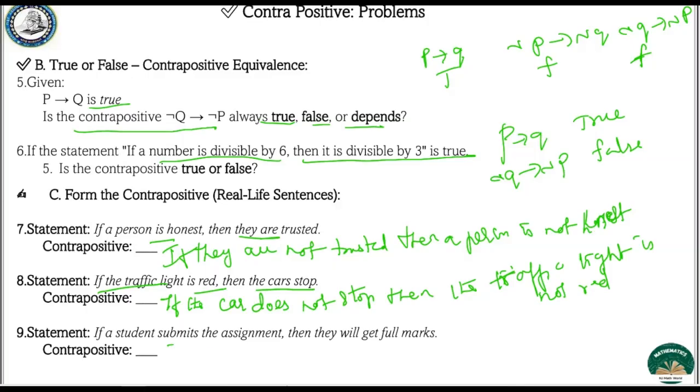If the student submits the assignment, then they will get full marks. So you should write this first.